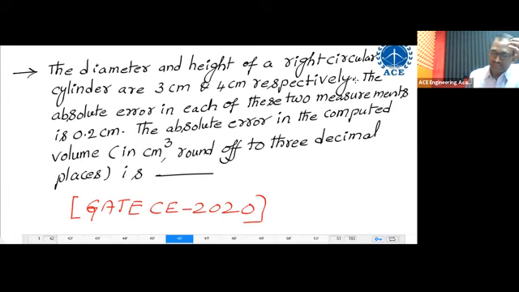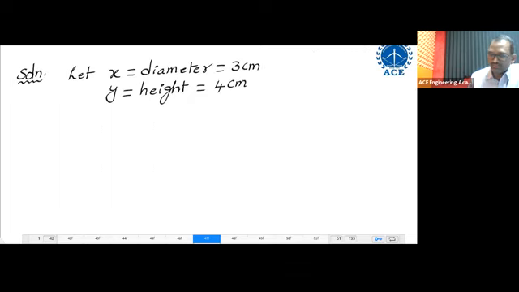The absolute error in each of these two measurements means absolute error in the diameter is 0.2, absolute error in the height is also 0.2.